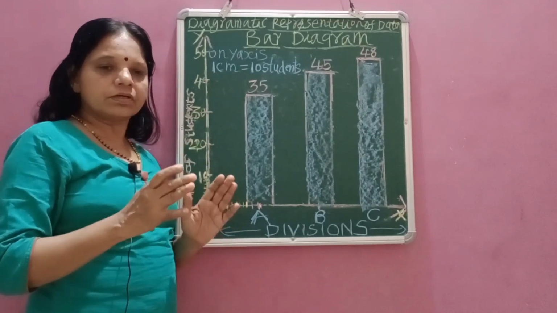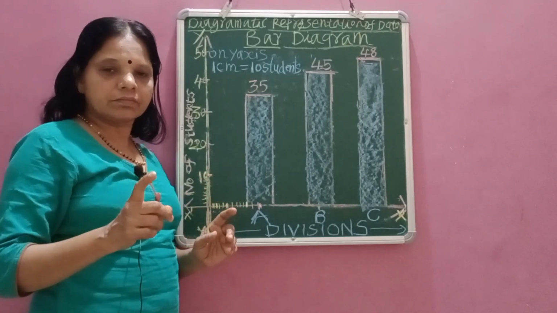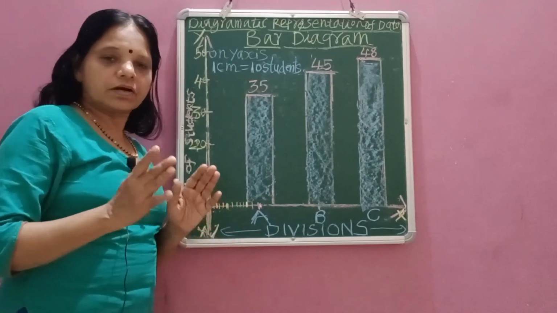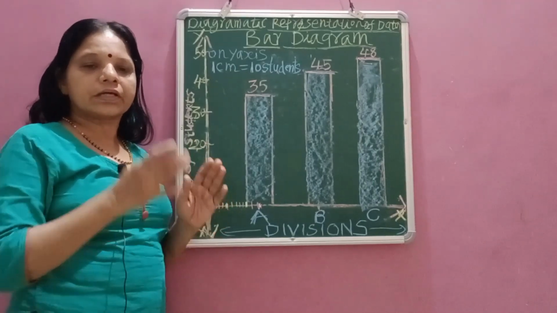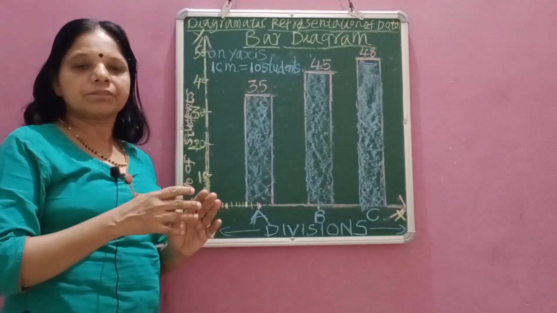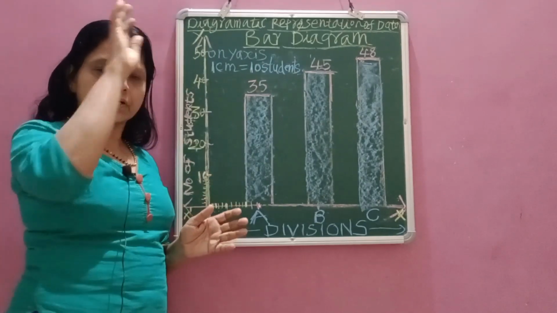The distance between two consecutive lines is 1 centimeter. Again, this 1 centimeter is divided into 10 equal parts. Each will be 1 millimeter, both horizontally and vertically.